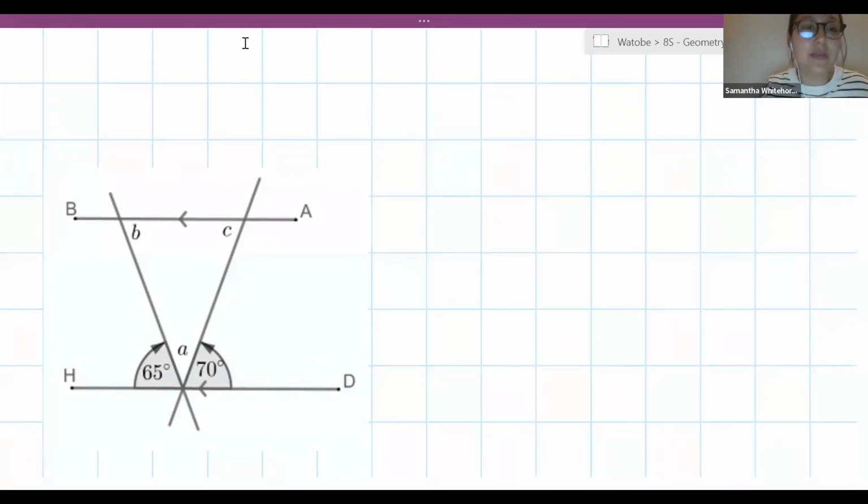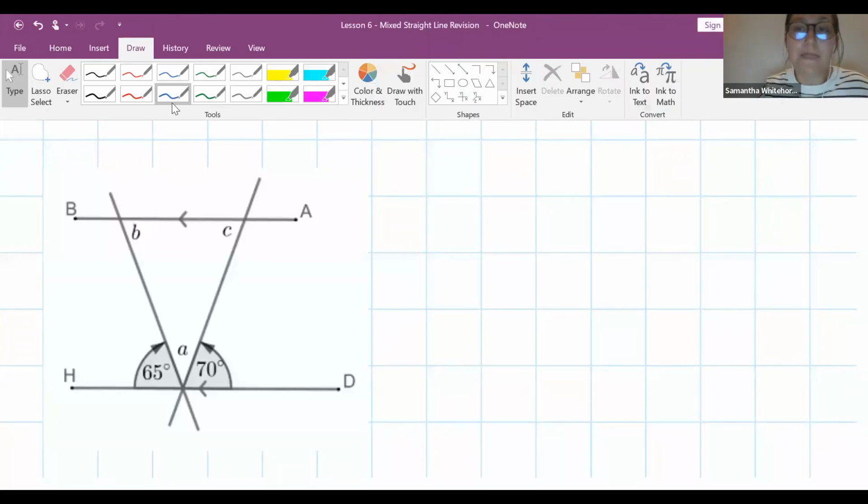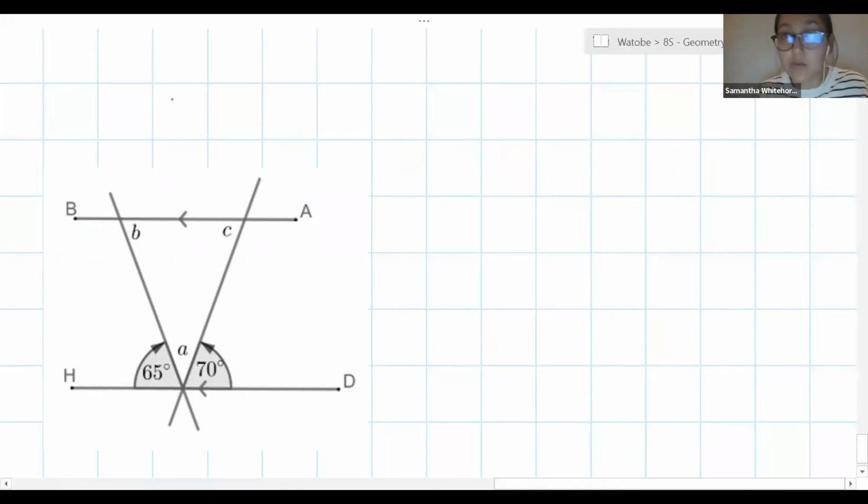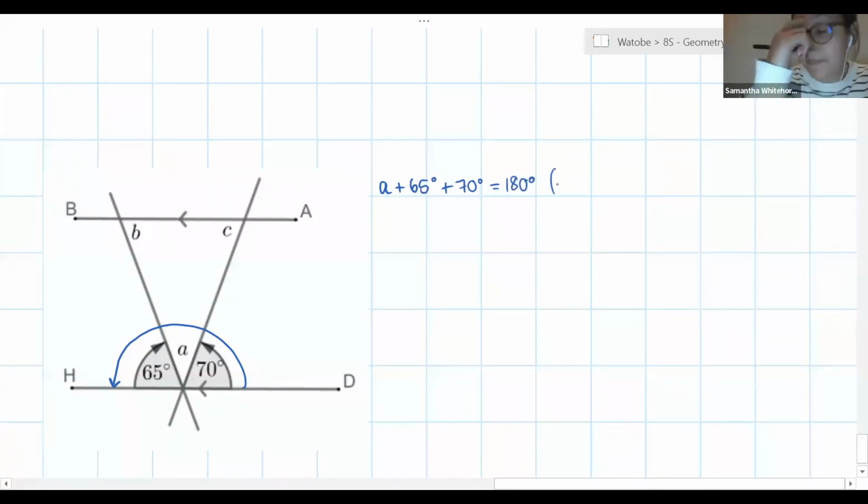Right, so we've got A, B, C here that we need to find. I am going to start with A. And guys, again, start with whichever one you want, completely up to you. The reason I'm going to start with A is because I see that I've got angles on a straight line here. So I know that A plus 65 plus 70 degrees must be equal to 180 degrees, angles on a straight line.